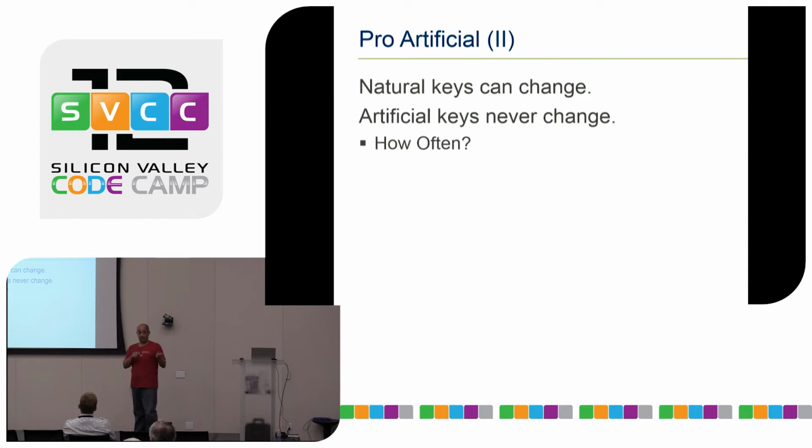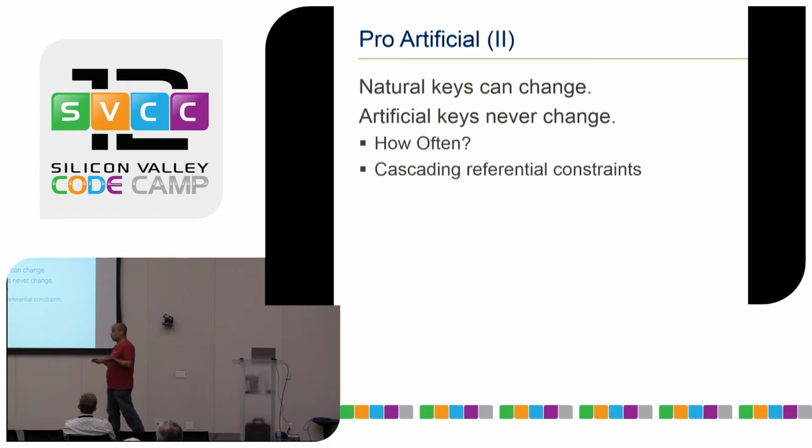However, that also tells you that one of the desired attributes of your keys is that they should be stable, or relatively stable, because you usually don't want to deal with it. But when you want to deal with it, there's a mechanism in every major relational database called cascading referential constraints.